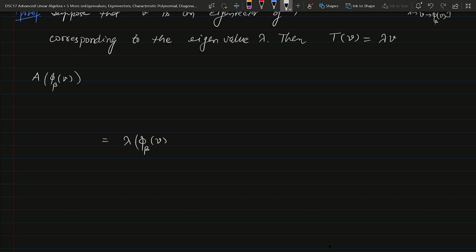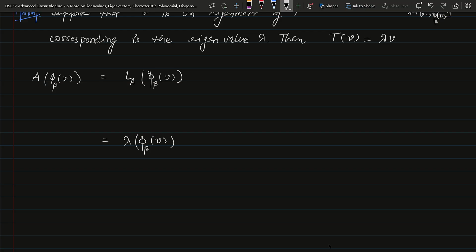If we can do this calculation, that means this phi beta of v will be an eigenvector of this A corresponding to the eigenvalue lambda. Now by the definition we can write this A of phi beta of v, that is the left multiplication transformation LA, that is the same as LA of phi beta of v, right?